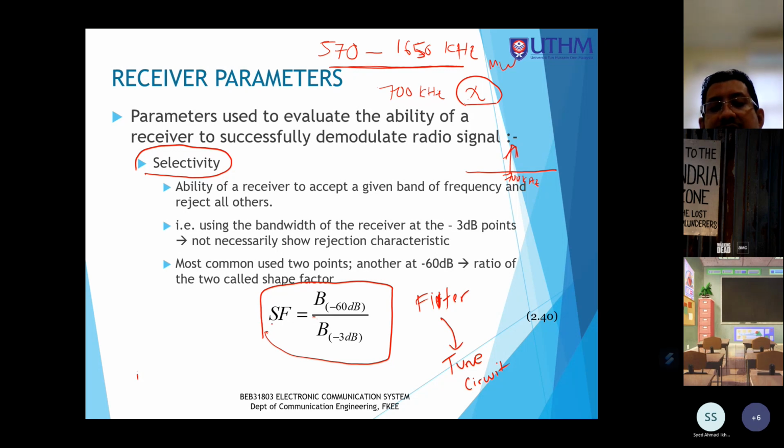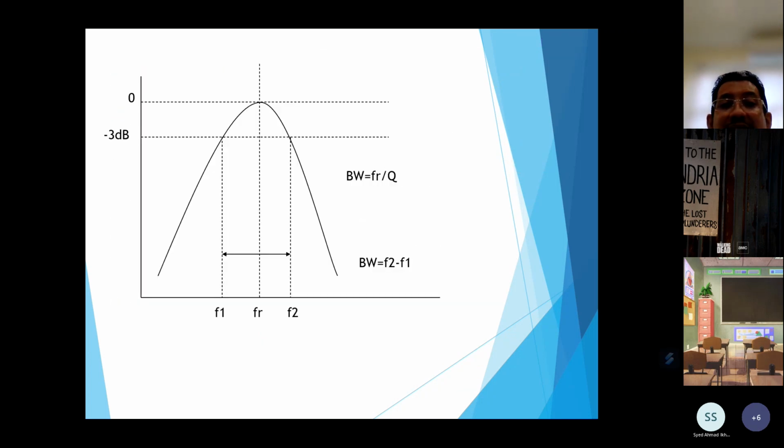Selectivity ini sebenarnya adalah parameter untuk filter dalam tune circuit. Macam mana bentuk bandwidth ini? Untuk memahami bandwidth tersebut kita perlu lihat gambar rajah ini. This is the basic frequency response curve of a filter. Kalau kita ada filter, frequency response dia akan berbentuk seperti ini.